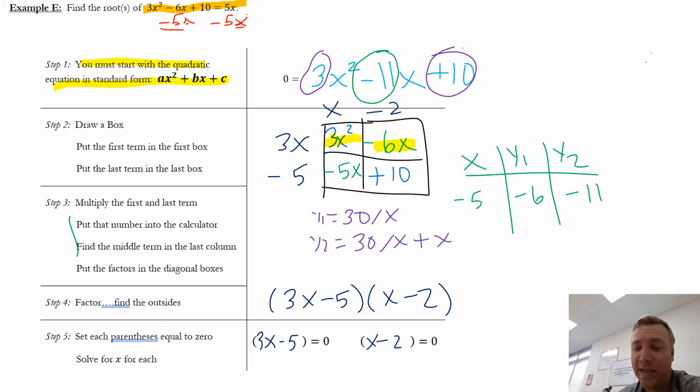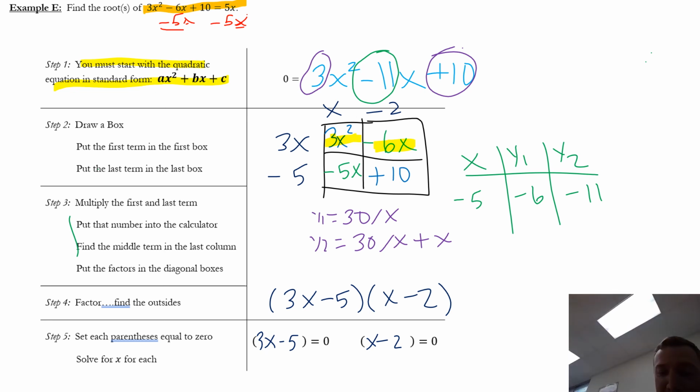Once you have set each factor equal to 0, simple right here, all you do is solve each equation for x. So to solve this first equation, it's a two-step equation. I would add 5 to both sides to get 3x equals 5. And then divide both sides by 3. So I get x equals 5/3.